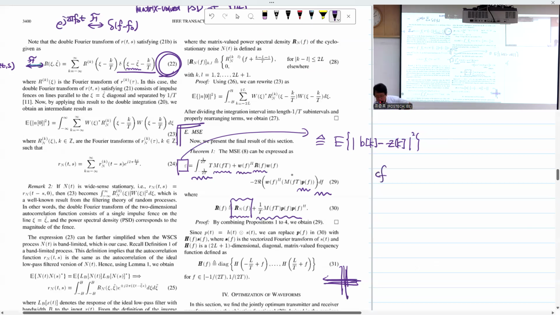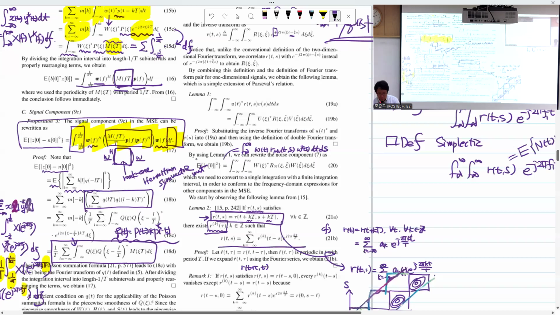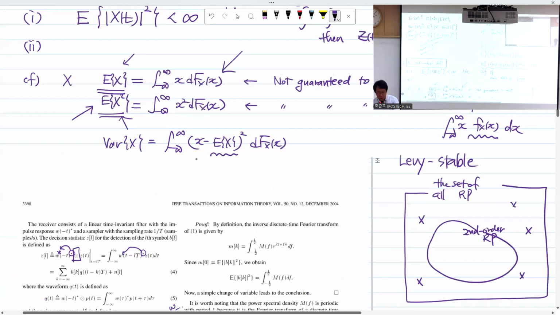So let me remind you of the simplest signal model that results in almost the same form as this one. Suppose you have, what was the output?